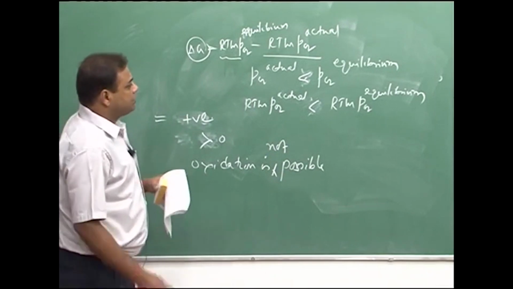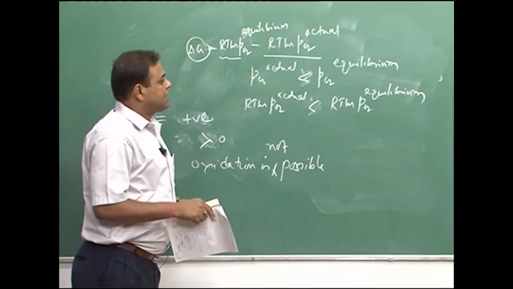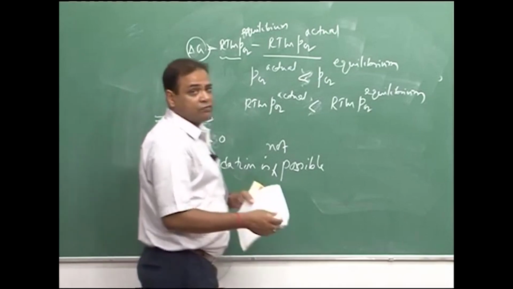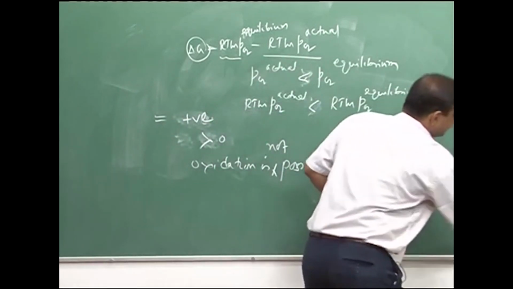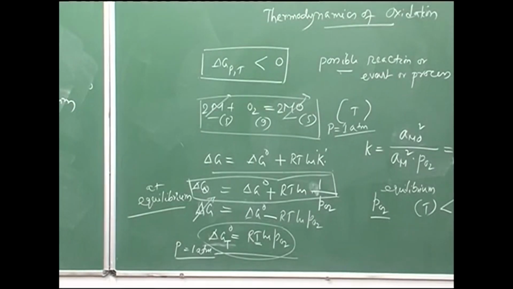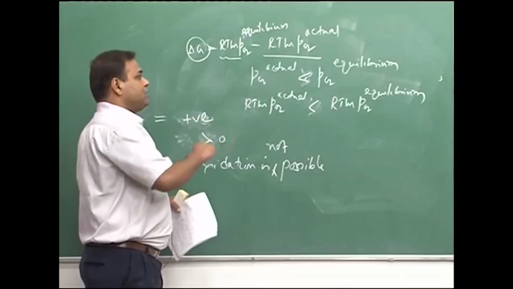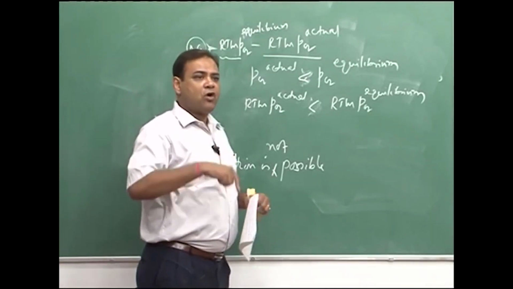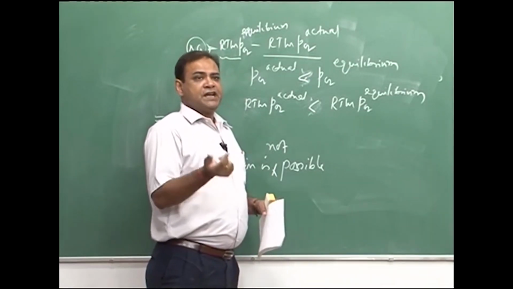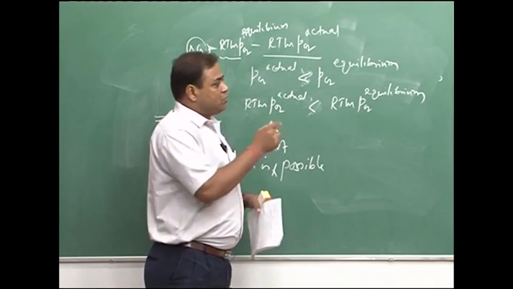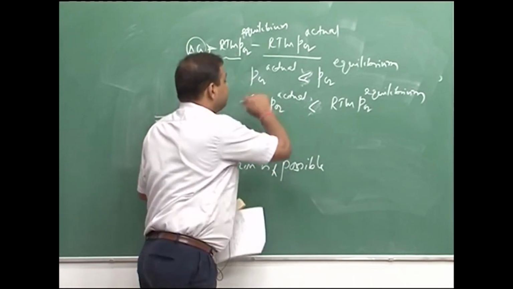So, depending on the oxygen partial pressure and its effect on the total free energy change, del G, whether it is negative or positive would decide whether the metal would oxidize or not at that particular temperature with the existing condition of partial pressure of oxygen.